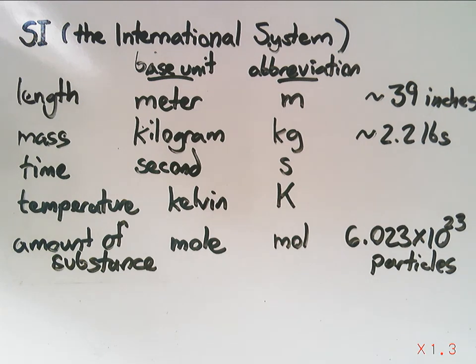Well, it has to do with counting molecules. And molecules are very small things. We are going to spend a couple of whole lessons on just the mole later. For now, I'd just like you to know that the SI base unit for amount of substance is the mole, and it is abbreviated MOL. And then that's all you need to know.